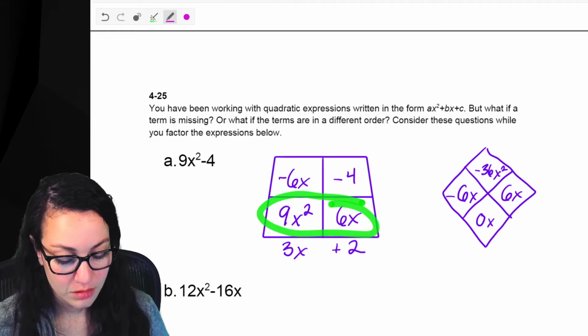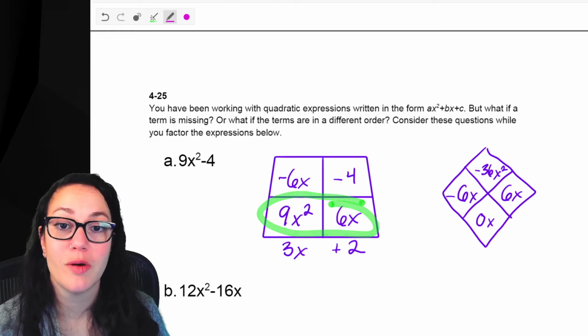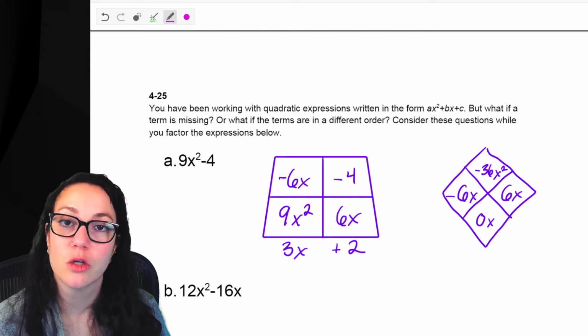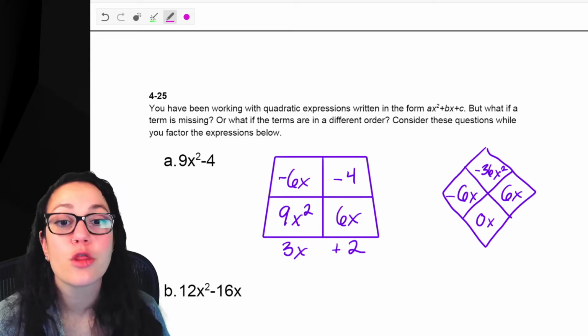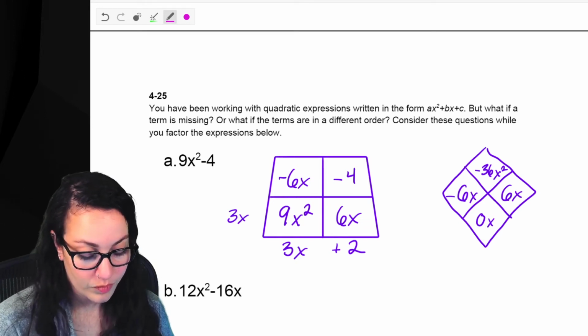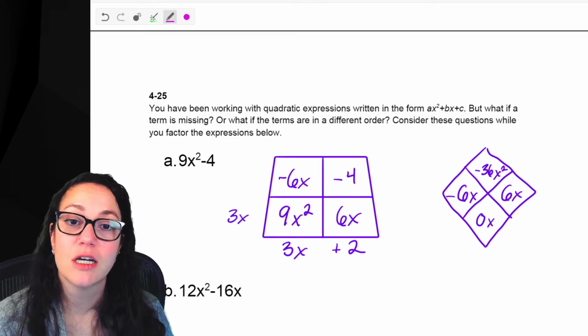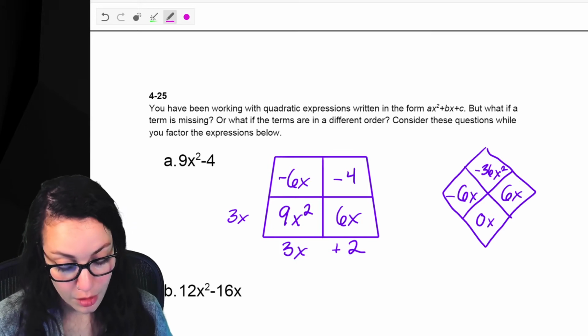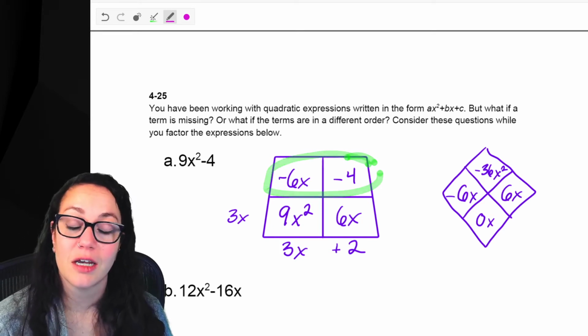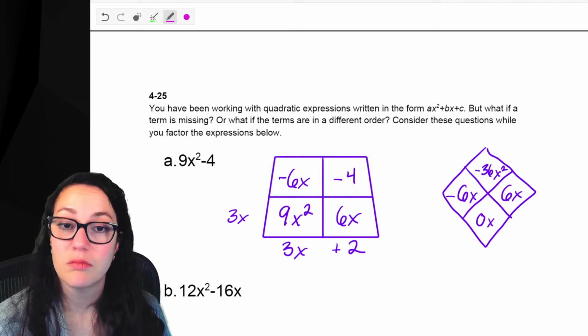Next, we're going to look at our first row, so 9x squared and 6x. The greatest common factor between those two terms is 3x. Again, interesting. And then last but not least, in our top row, the greatest common factor between negative 6x and negative 4 is going to be negative 2.